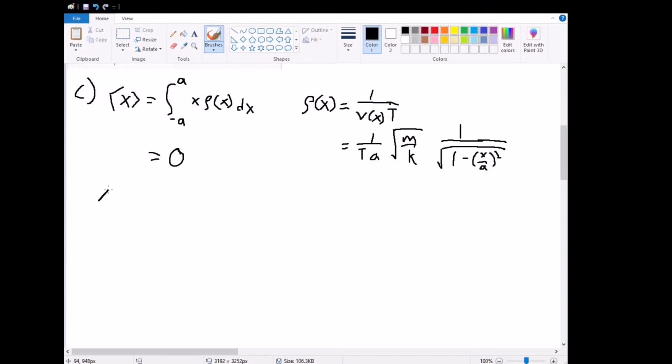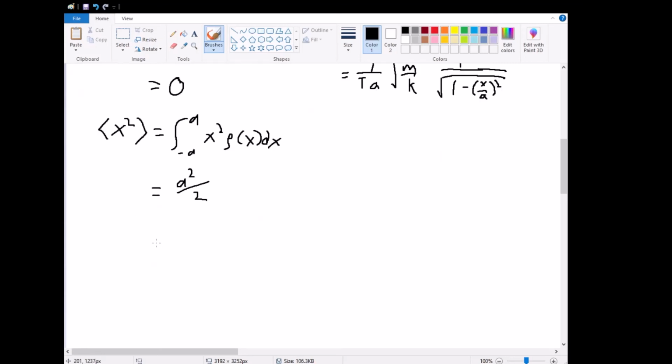Second, the expectation value of x squared. This is once again another plug and chug, where we do the integral from negative a to a of x squared times rho of x dx instead of just x times rho of x dx. And once again, plugging into our integral calculator, this will give us a squared over 2.